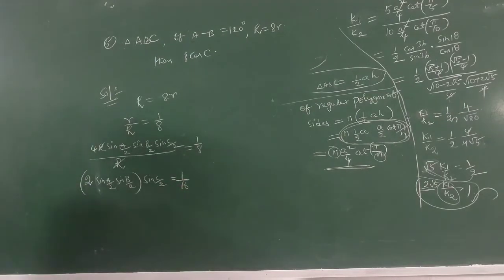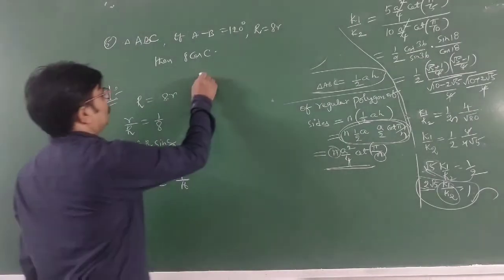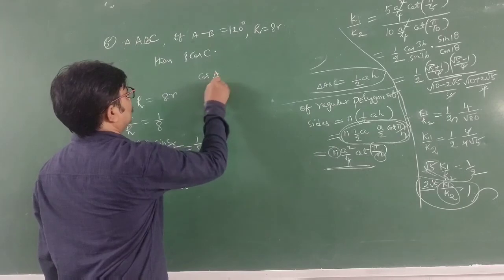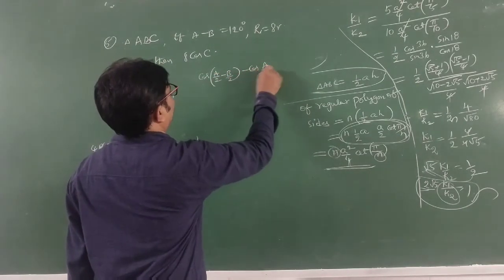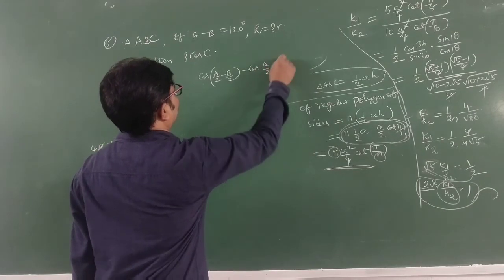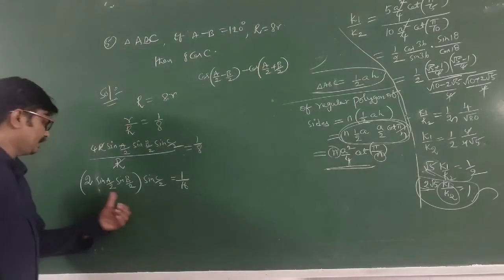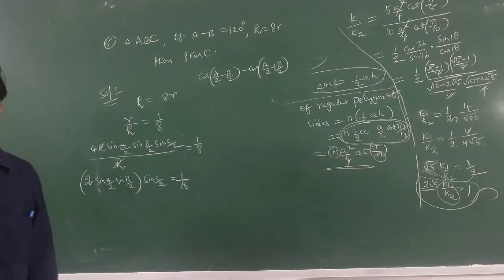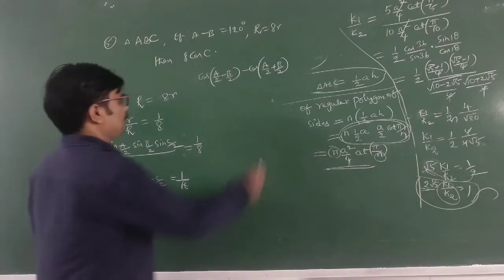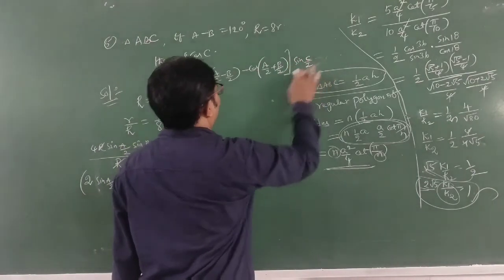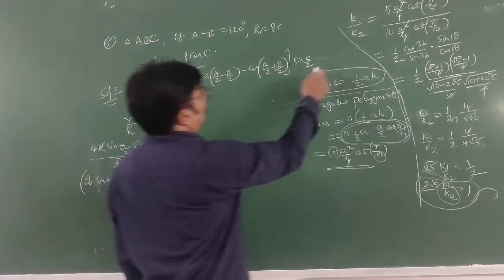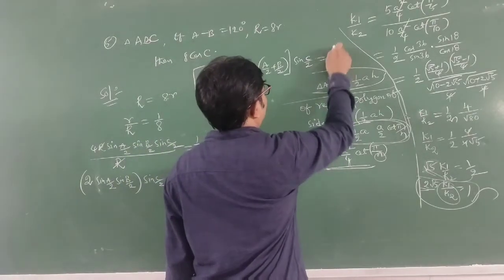My dear students, 2 sin A sin B is cos of A minus B minus cos of A plus B, into sin of C by 2, equal to 1 by 16.